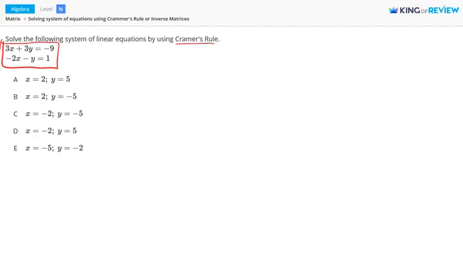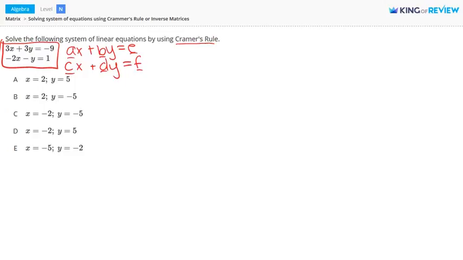So Cramer's rule uses determinants to solve a system of linear equations. With Cramer's rule, if we have two equations that are set up in the format ax plus by equals e and cx plus dy equals f, then we can use these coefficients and these constants to solve for x and y.